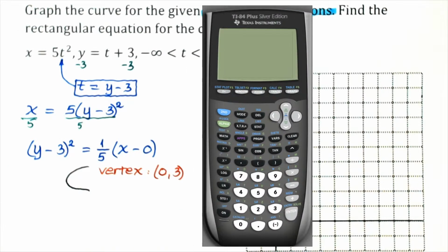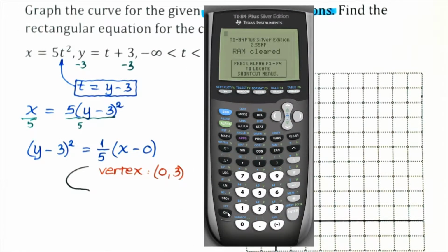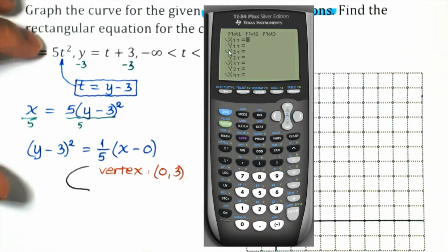So let's look at this graph. First we make sure it is in the right mode, hit mode, and we graph in parametric form. So go to parametric equation, then hit y equal to. Now we see this is going to be in terms of x and t.